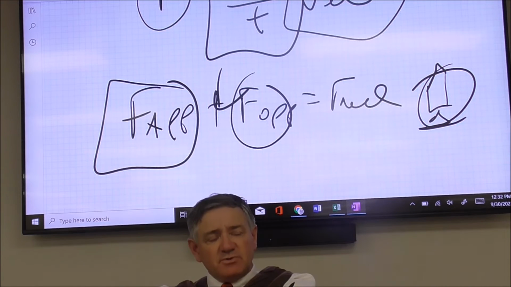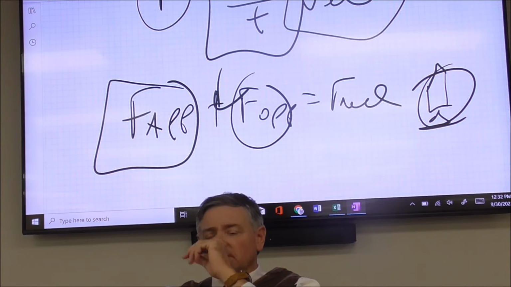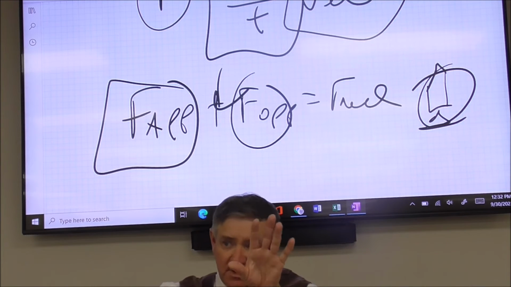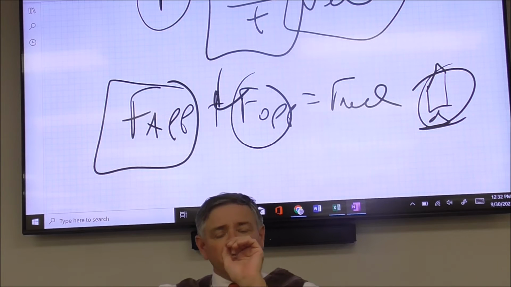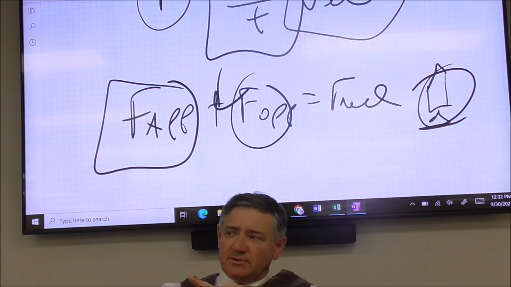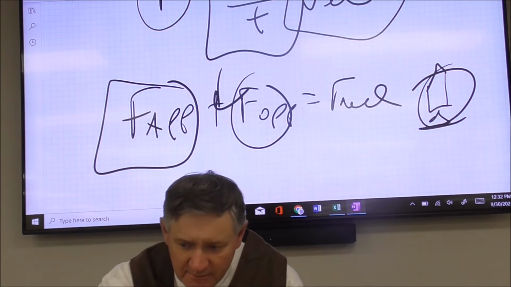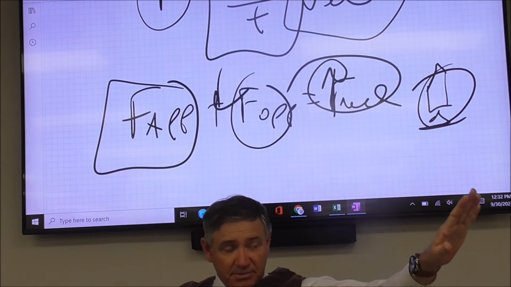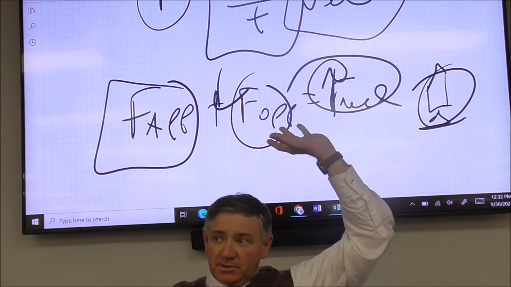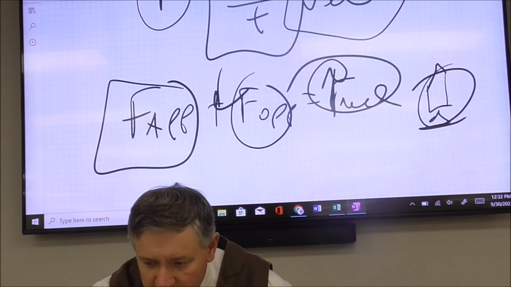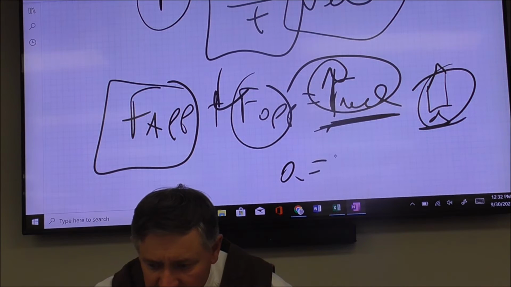Okay? Now, this is what you want to think through. As your opposing force becomes less, and assuming that your applied force remains constant, what's going to happen to your net force? I'm going to have a bigger and bigger net force because I have the same applied force, but my opposing force is becoming less because I have less mass. Now, here's the interesting thing that happens. Your acceleration is force net divided by mass.